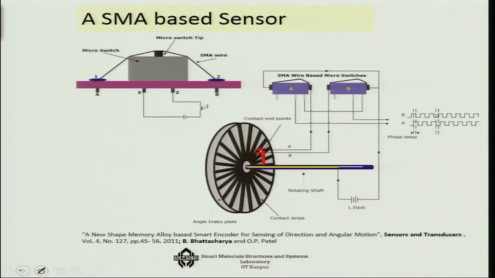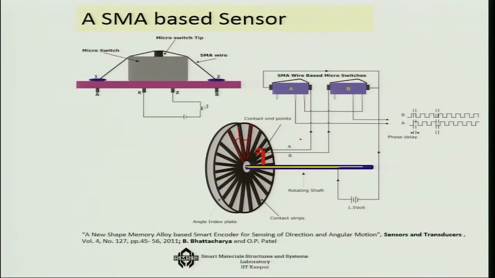One very interesting application of SMA is in the form of an SMA wire-based sensor that we have developed. So what you do here is that you take a kind of angle encoder where you have these contacts, and these are conductive, and these angles are drawn with a known angle. Now these two pins are touching the system and you are passing current through the SMA wire.